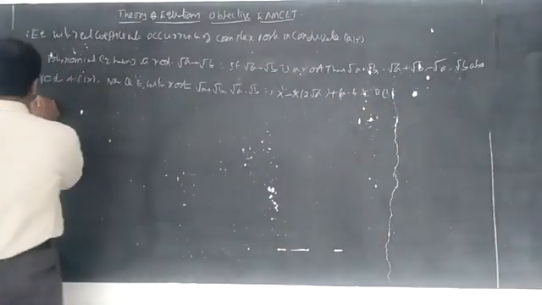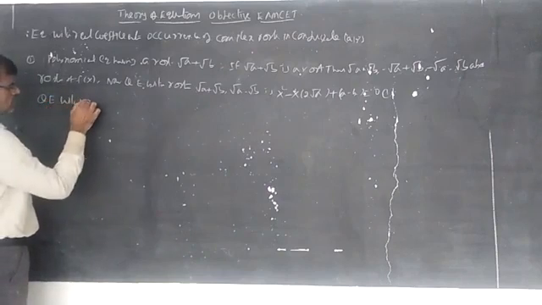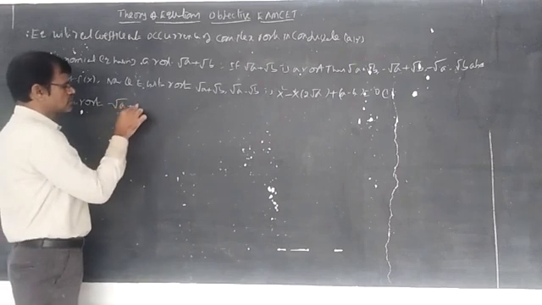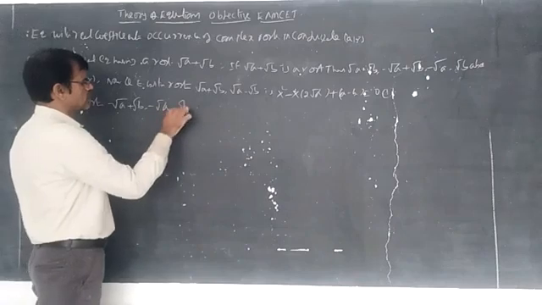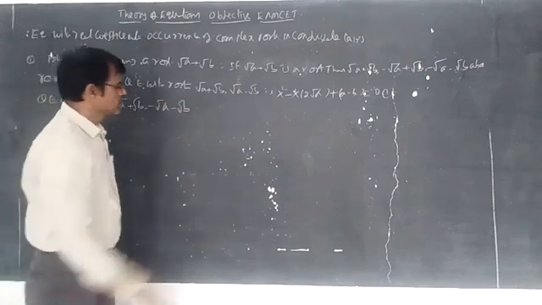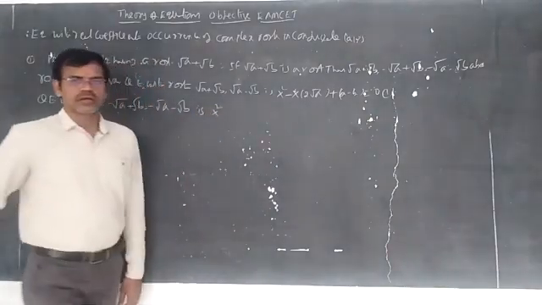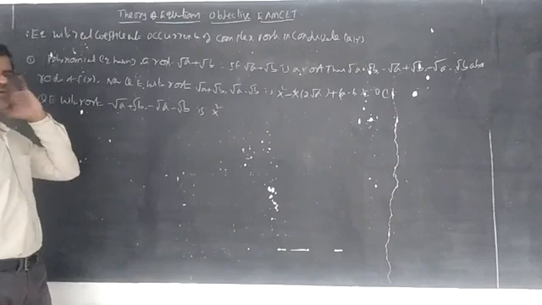Next, QE with roots minus root a plus root b, minus root a minus root b: x square minus x into sum of roots. Here also root b and root b get cancelled.